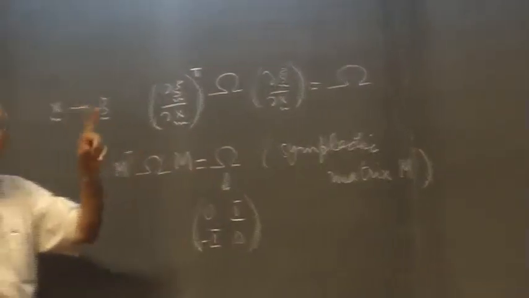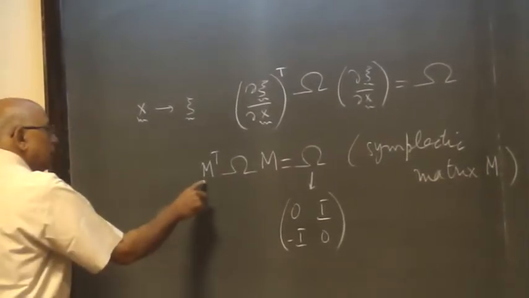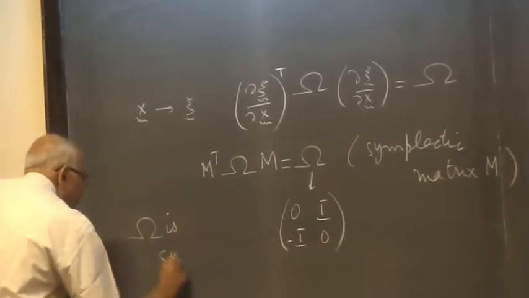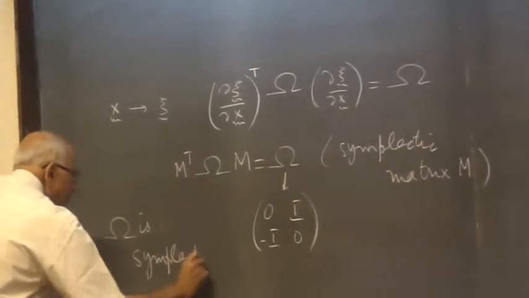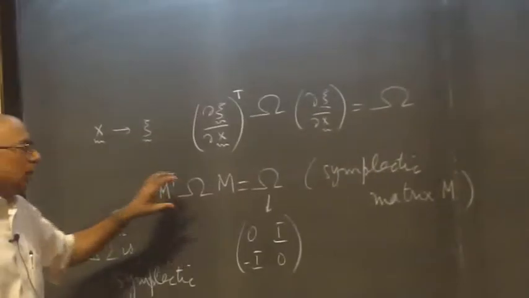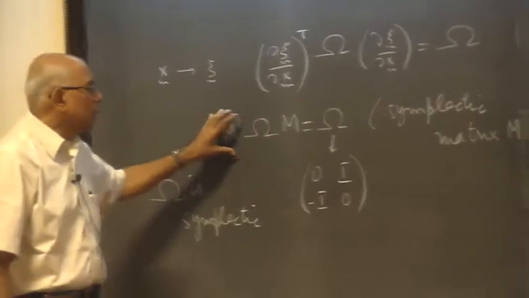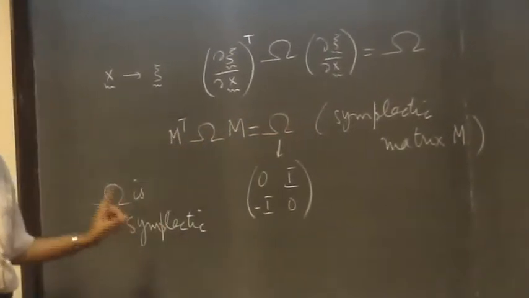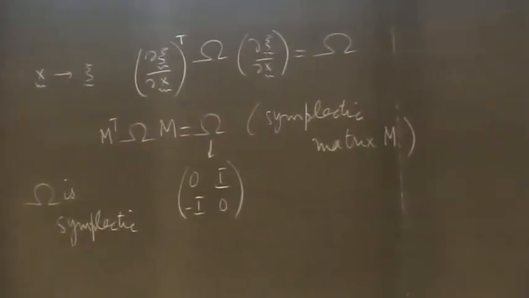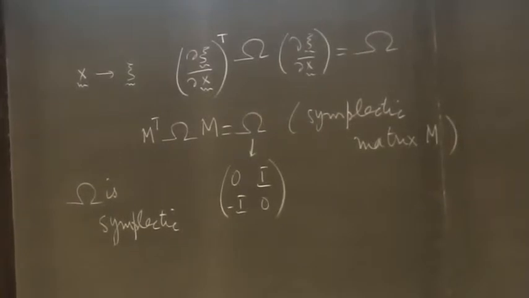And it's itself a symplectic matrix, as you can see, because if I put in omega transpose omega, omega here, omega transpose is minus omega, and omega squared is minus the identity. So this relation is satisfied and omega is itself symplectic. Therefore, a canonical transformation whose Jacobian is omega, the Poisson matrix, is itself a canonical transformation.